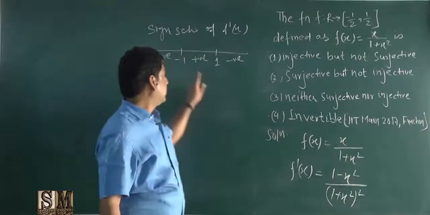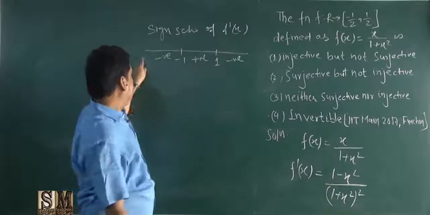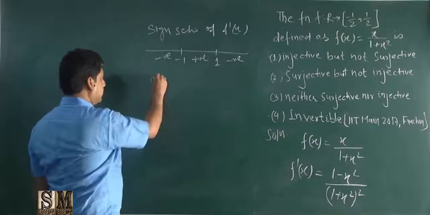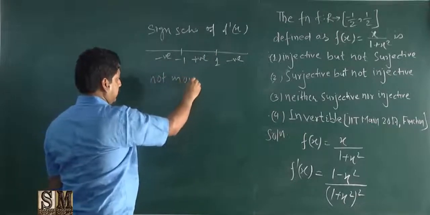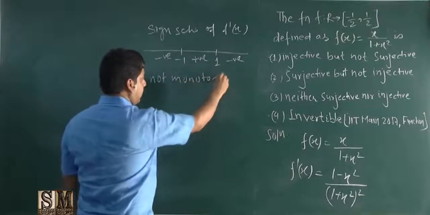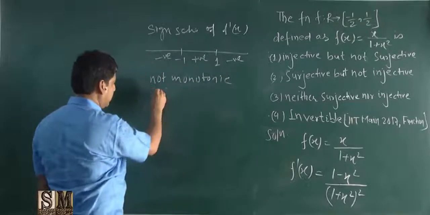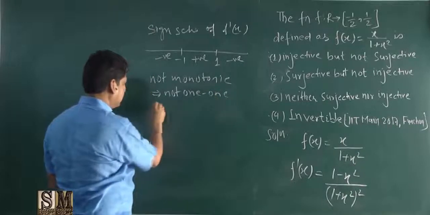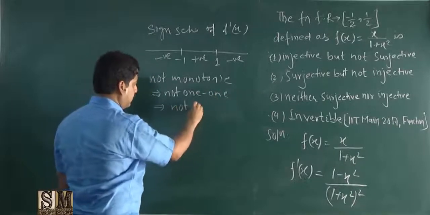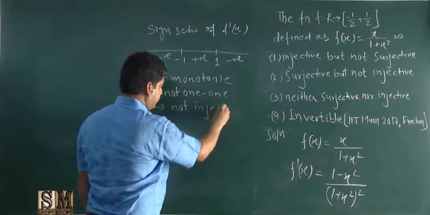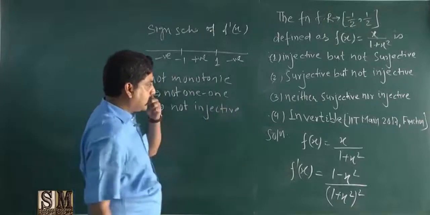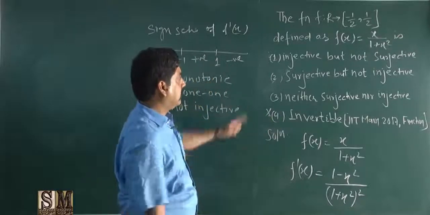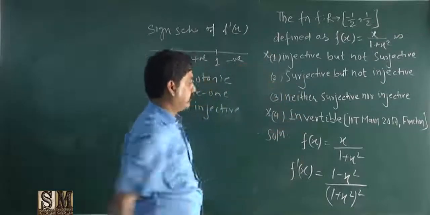What do we get? This is not monotonic: decreasing, increasing, decreasing. Not monotonic itself implies it is not one-one, and not one-one means not injective. Go to the option: not injective, not invertible.